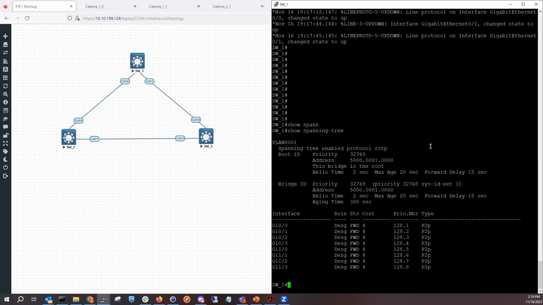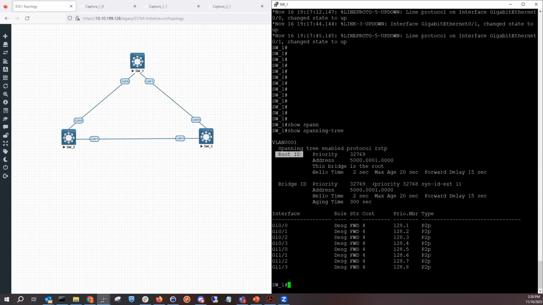Okay. So as expected, just like I told you guys, let's take a look at a few things. We realize the root is this switch. How can we tell? Just a refresher, the root ID is 5000.01.00, and this is just telling us what the root is.